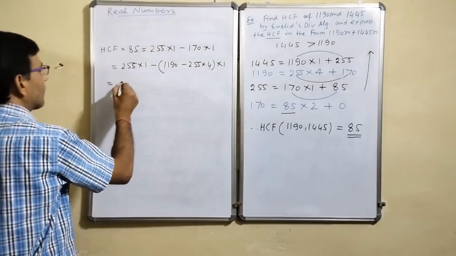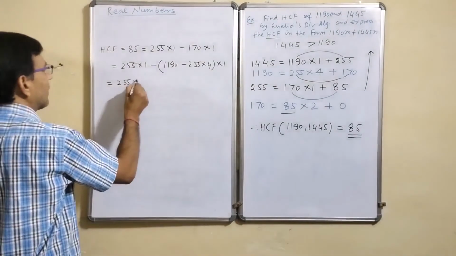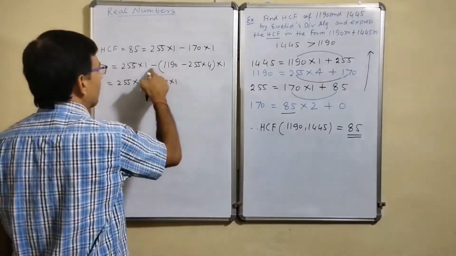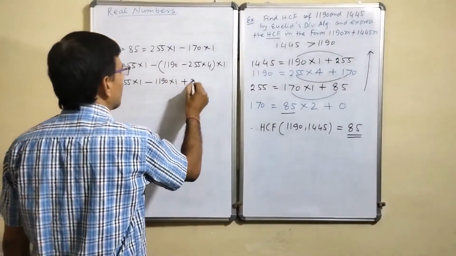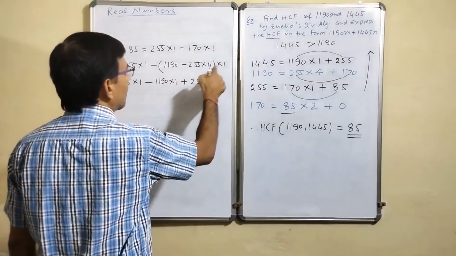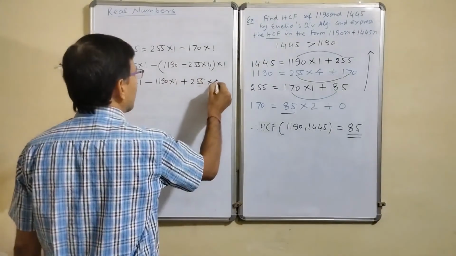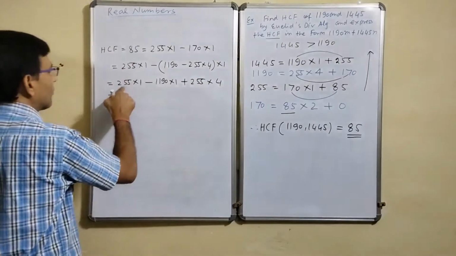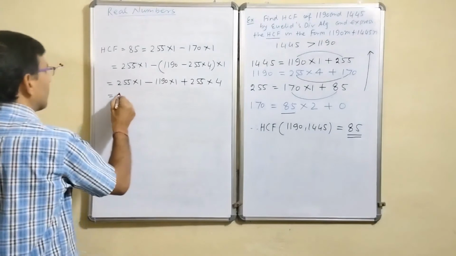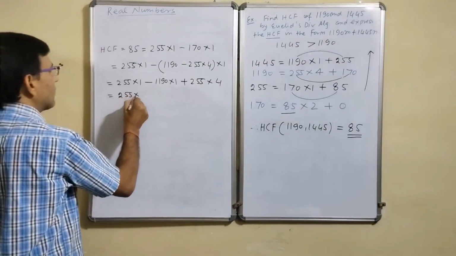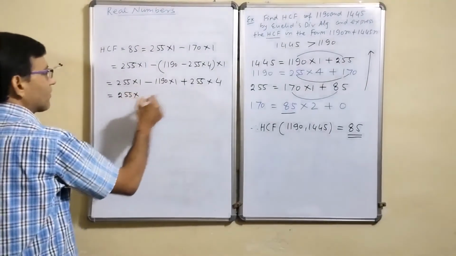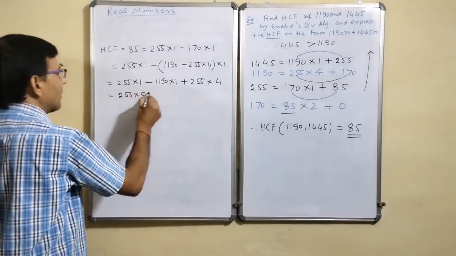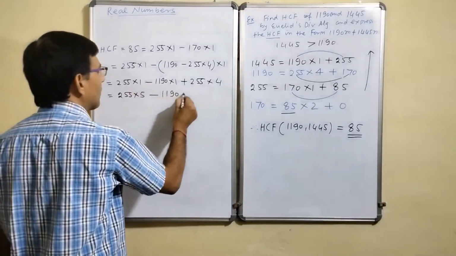This is 255 into 1 minus 1190 into 1 plus 255 into 4. So what you will get? 255 into 4 plus 1. If you take 255 common, you get 4 plus 1 that is 5, minus 1190 into 1.